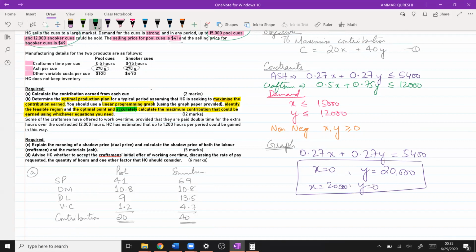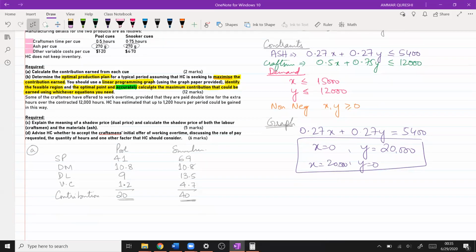Now, what is for labor? The labor equation is 0.5 of x plus 0.75 of y should be equal to 12,000.